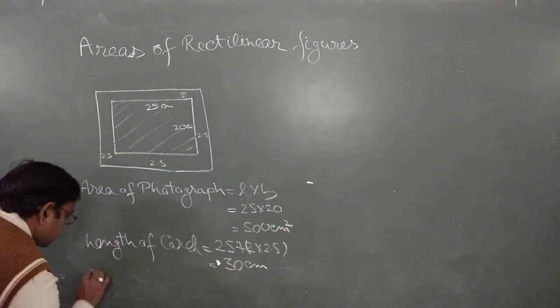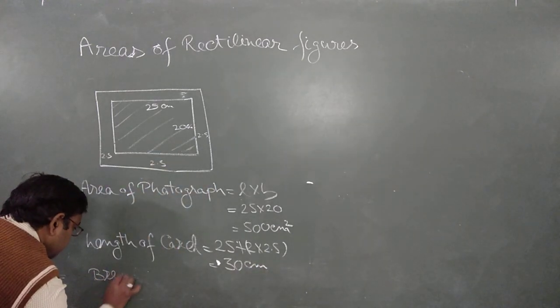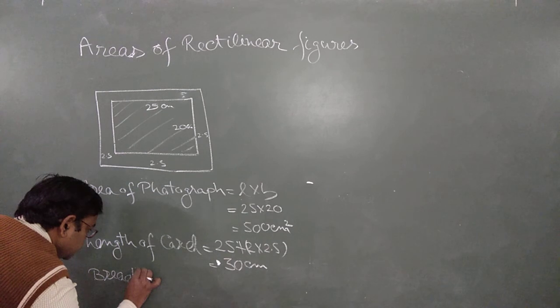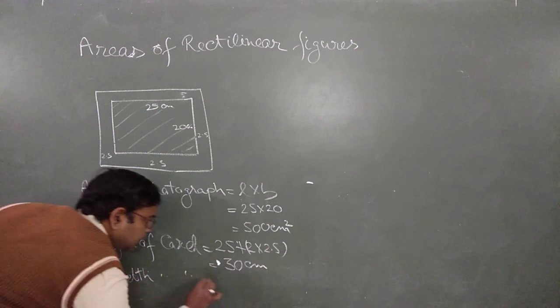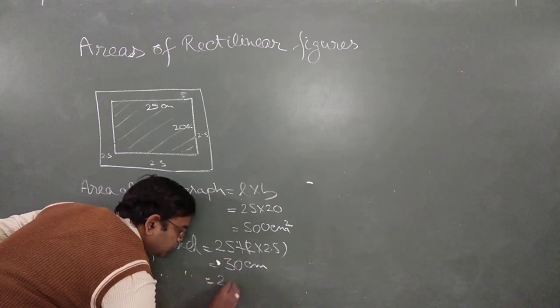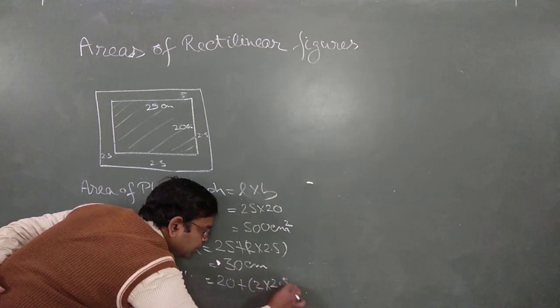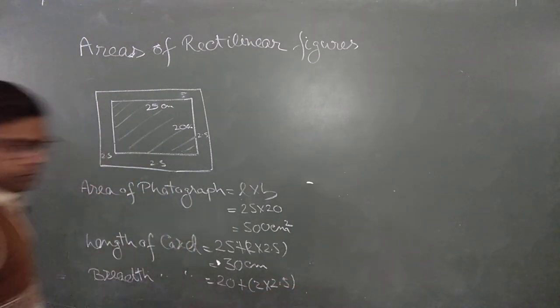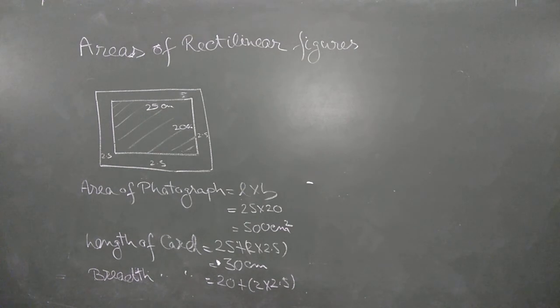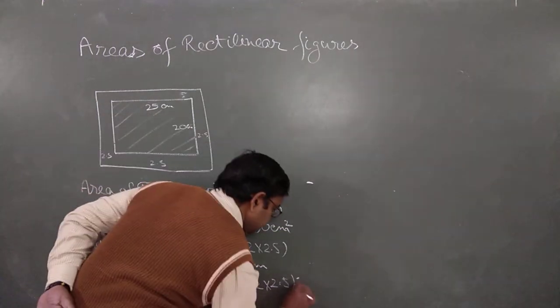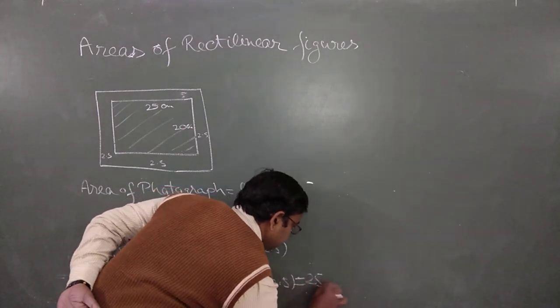And then breadth, hope this is visible to you. Breadth of card is 20 plus 2 into 2.5. Let me check whether it's visible to you or not. It's visible. This is your 25 centimeter.